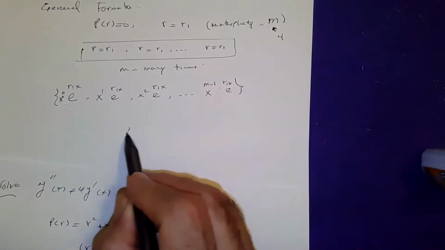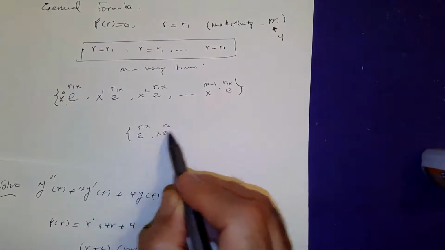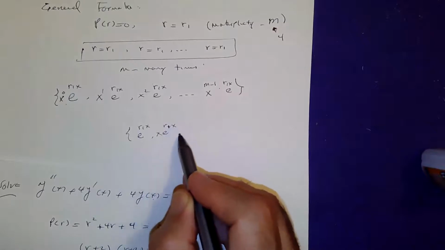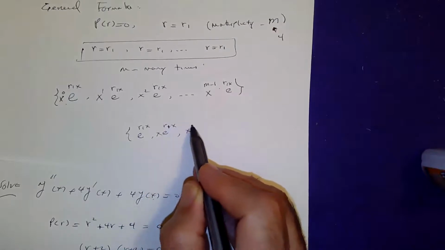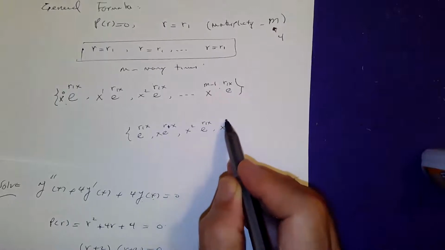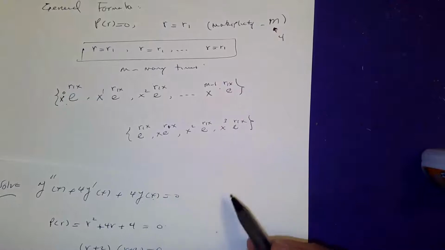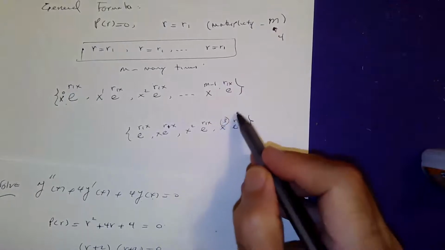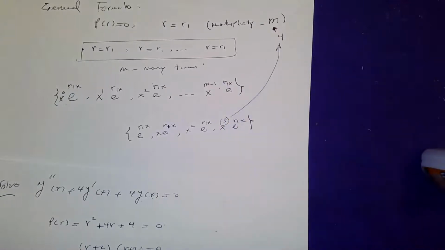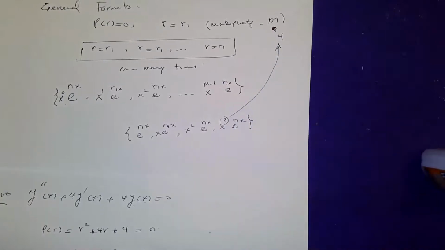So the fundamental solution would be e to the r1x, x times e to the r1x, x squared e to the r1x, and then the last one will be x cubed e to the r1x. Notice it's always 1 less than the multiplicity. Do you see it? So it's m minus 1. That's where you stop.